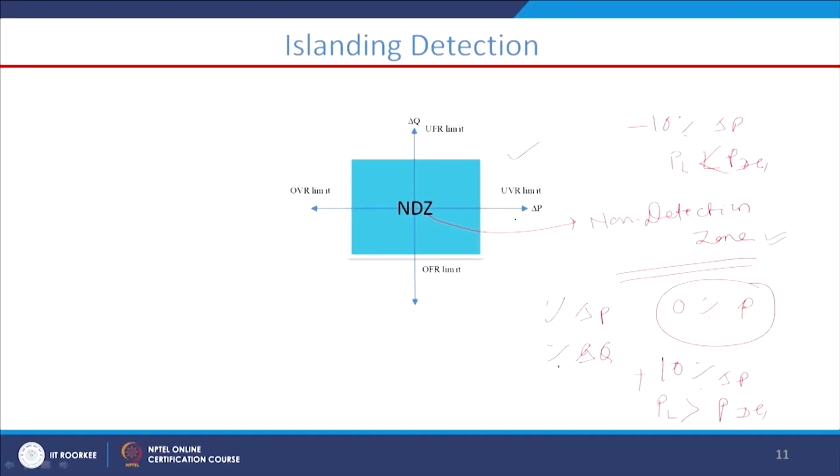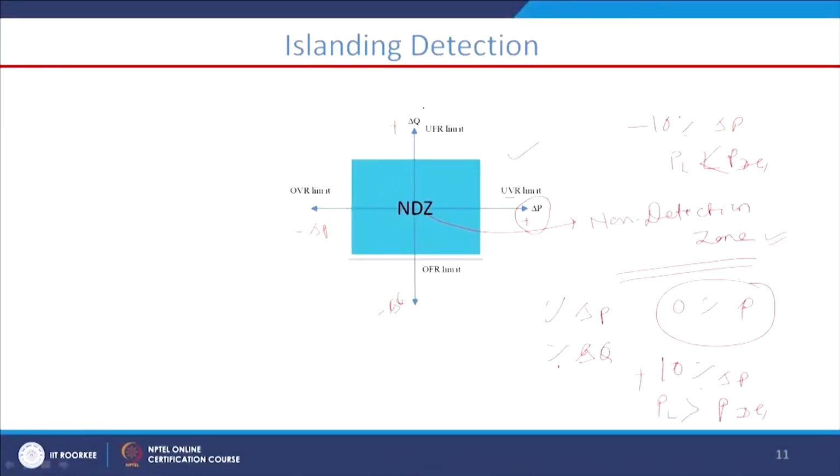Coming to this NDZ picture, along the x axis we have plus delta P, along the negative axis we have minus delta P, and here we have plus delta Q, here we have minus delta Q. Now, if delta P is higher, that means the load power is more than the DG power.